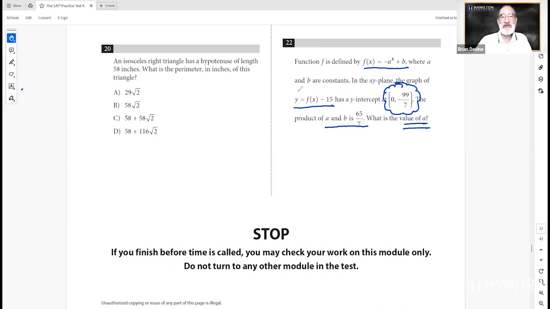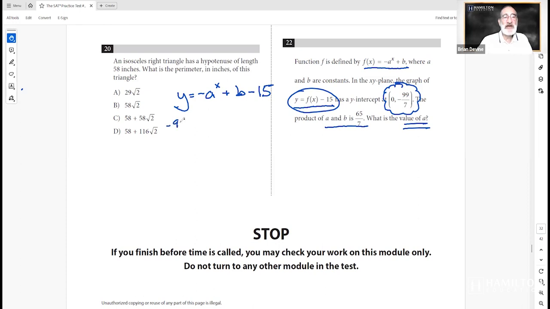Well, if I look at this thing, then I must have something like this, that y equals negative a to the x plus b minus 15. And they told me when I plug 0 in for x, I get negative 99 over 7.